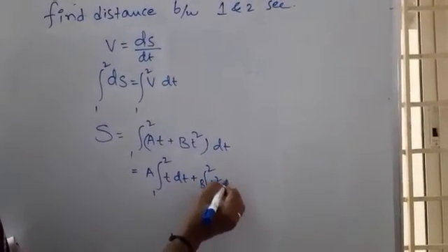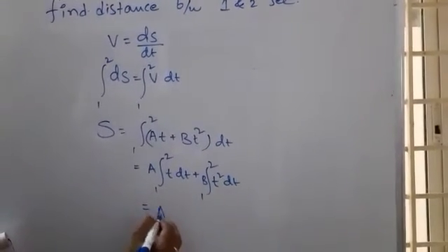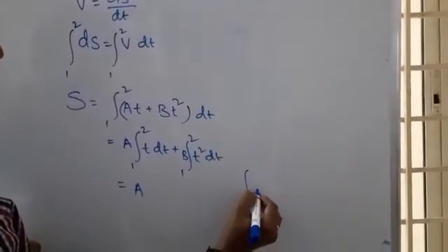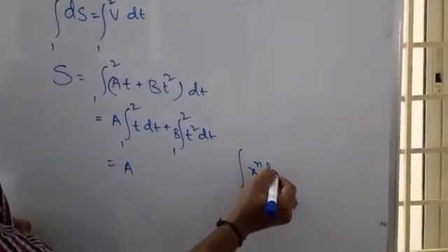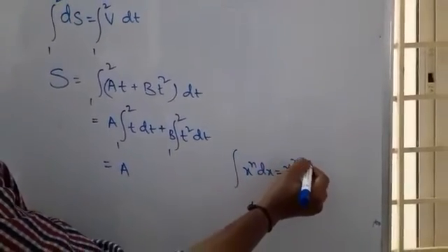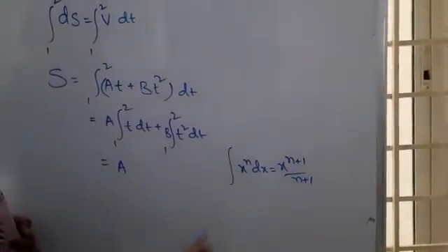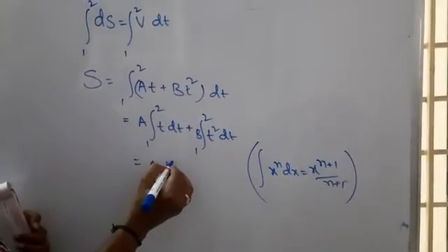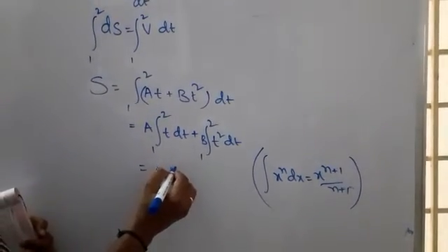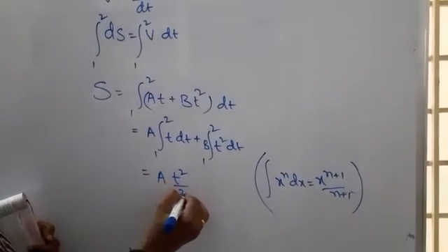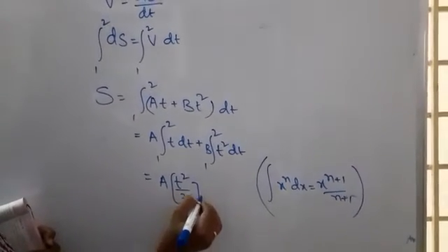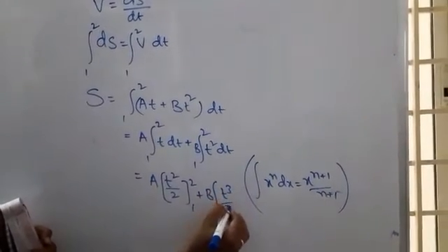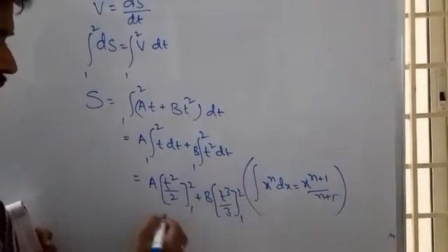The integral of x power n dx is x power n plus 1 by n plus 1. So we get t square by 2, limits 1 to 2, plus b into t cube by 3, limits 1 to 2.